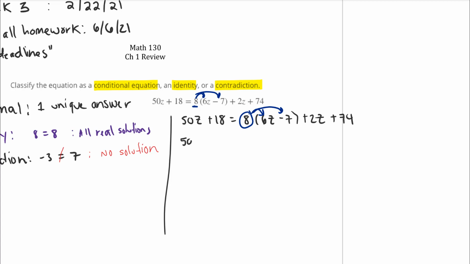So I have my 50z plus 18 is equal to, and this is where I'm distributing the 8, so that 8 times 6 is going to give me a 48z, and an 8 times 7 is going to give me a 56.